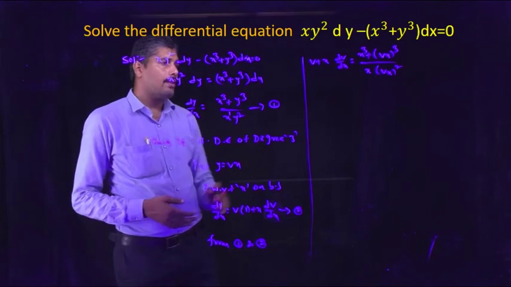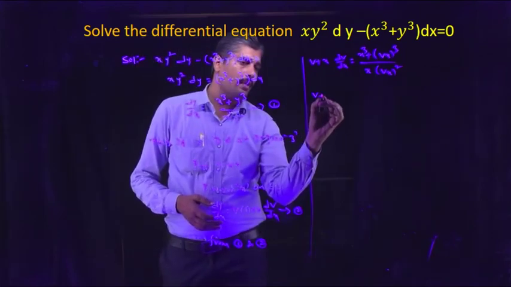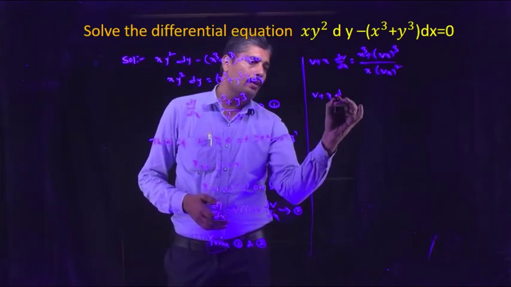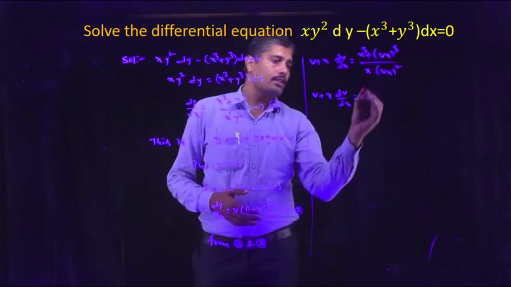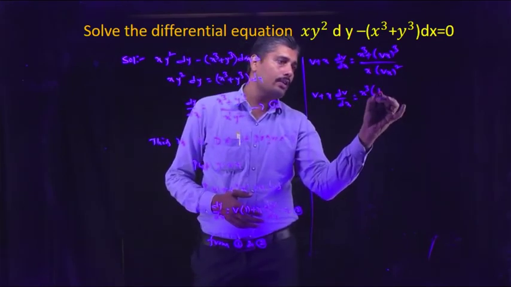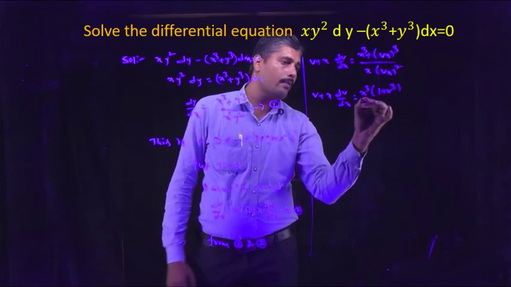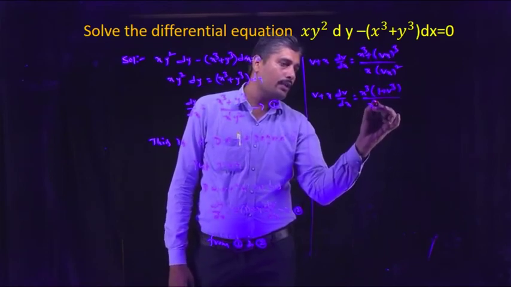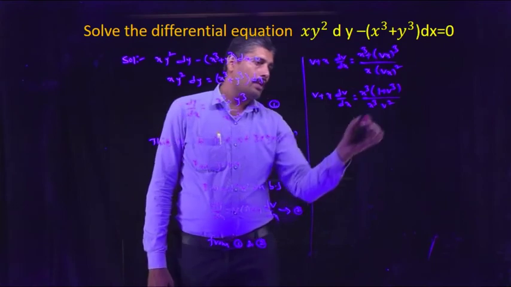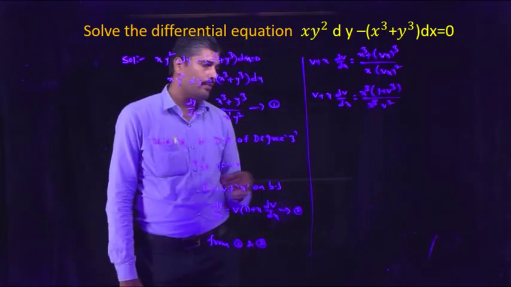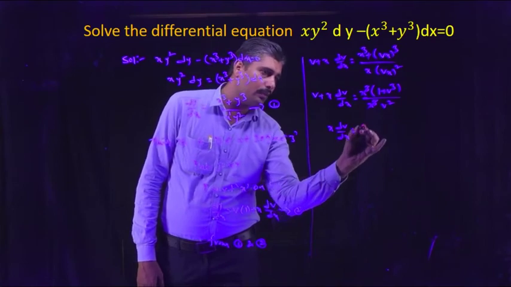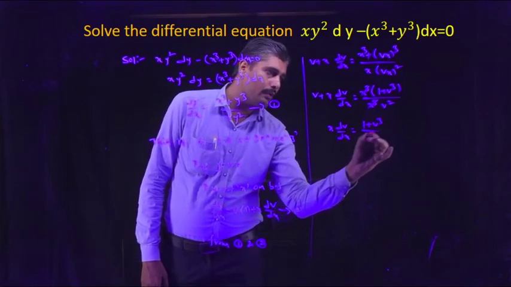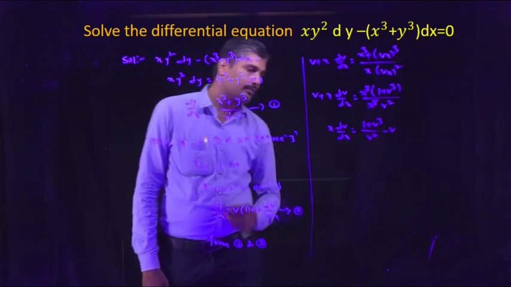Therefore, v plus x into dv by dx equal to, take x cube common, that is x cube into 1 plus v cube by x cube into v square. x cube cancels, then we get x into dv by dx equal to 1 plus v cube by v square minus v.